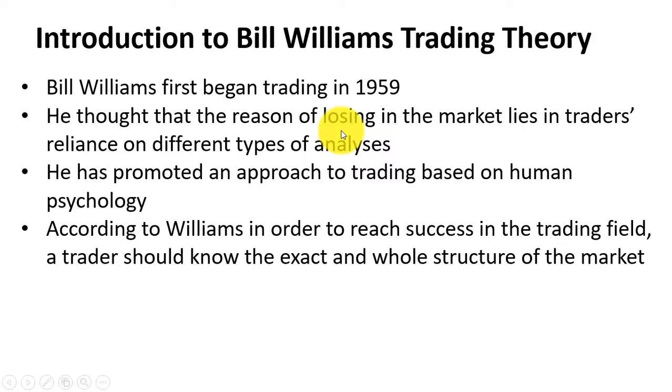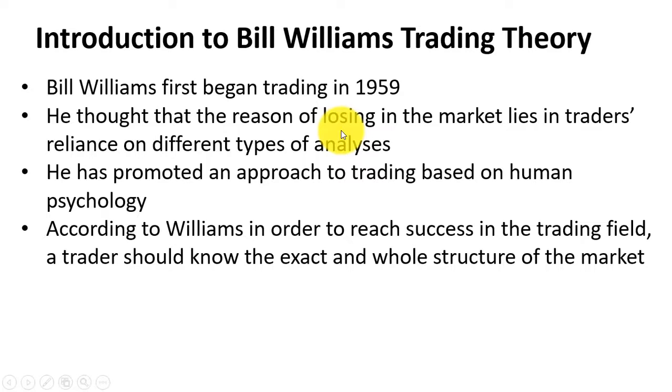Bill Williams first began trading in 1959. He is considered to be in the forefront of trading theory. Bill thought that the reason for losing in the market lies in traders' reliance on different types of analysis, either technical or fundamental analysis.